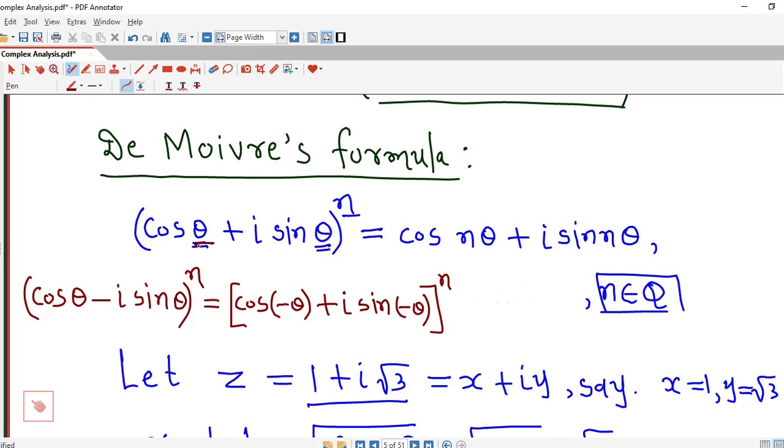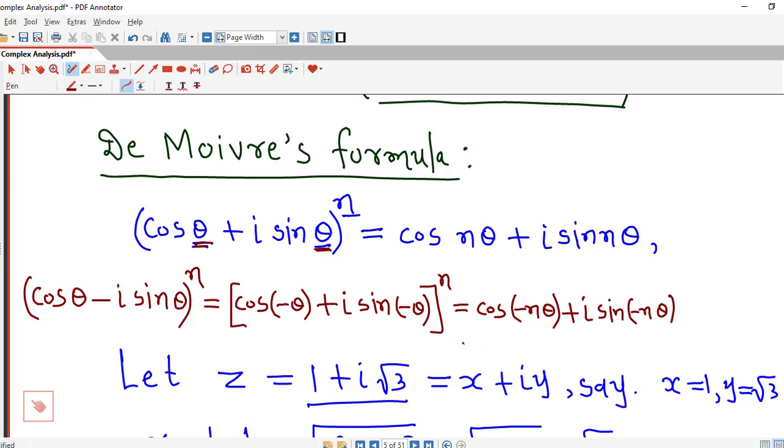Now we can use De Moivre's formula with minus theta instead of theta, so this can be rewritten as cosine of minus n theta plus i sine of minus n theta.